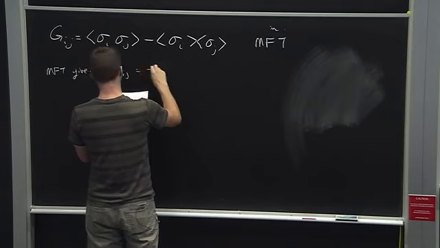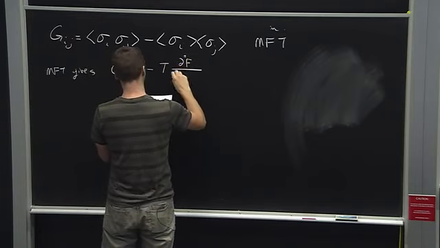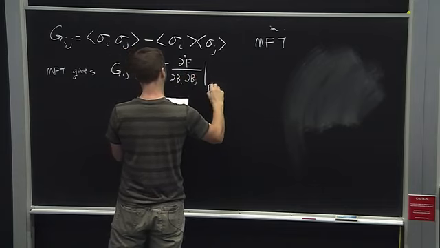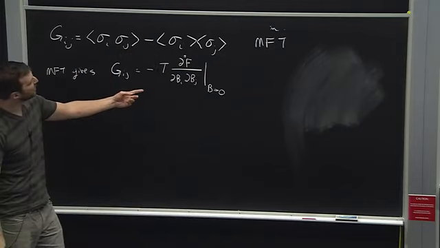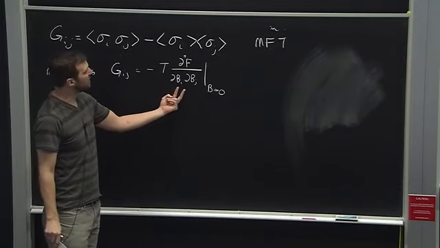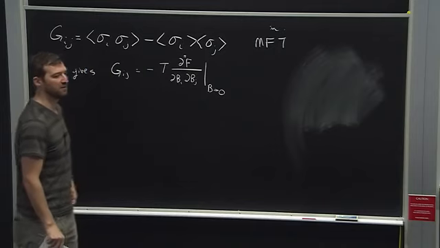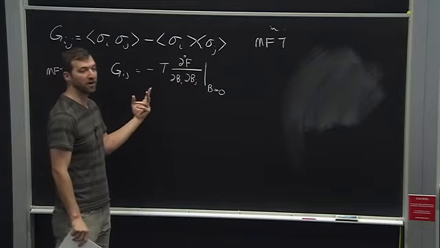I'll just write a couple steps down. So we started from the second derivative of the free energy with respect to two sort of fictitious on-site fields. And they're just introduced because, again, they couple directly to the order parameter.